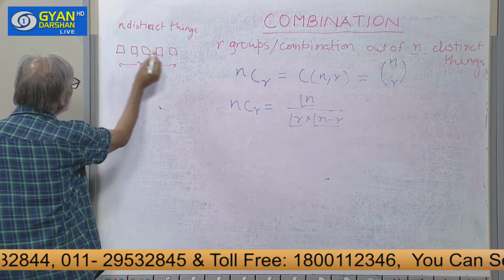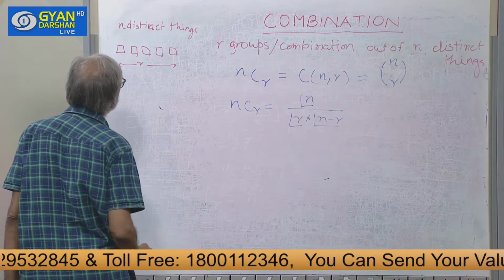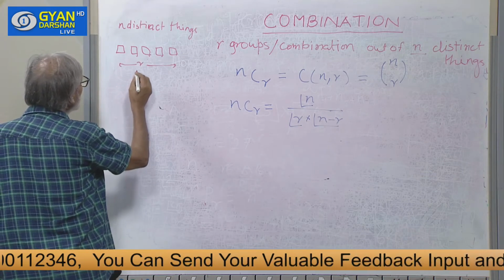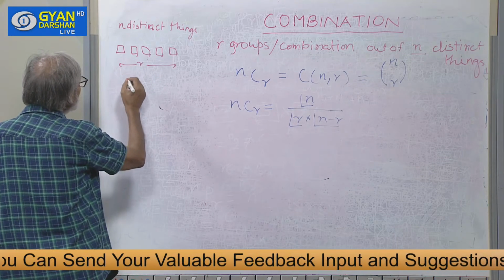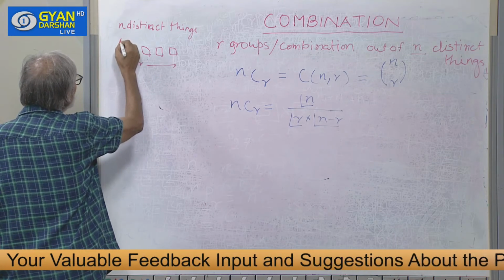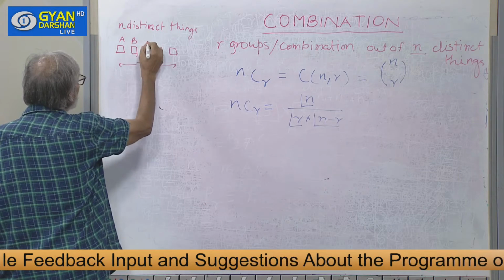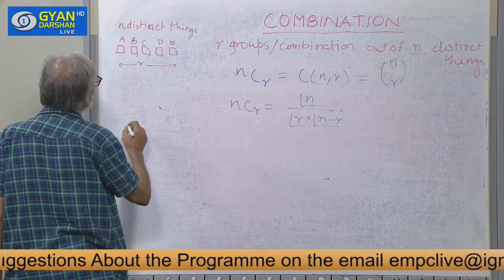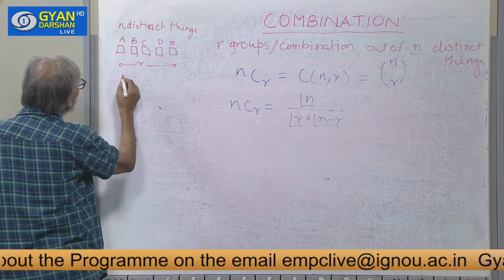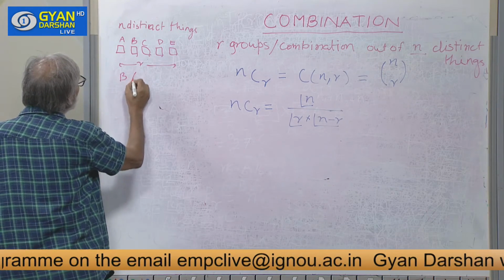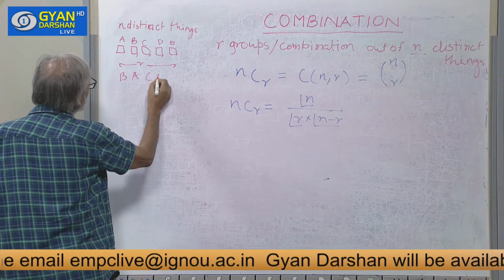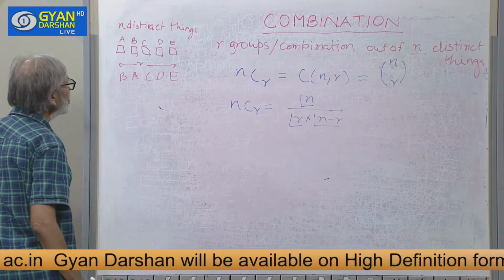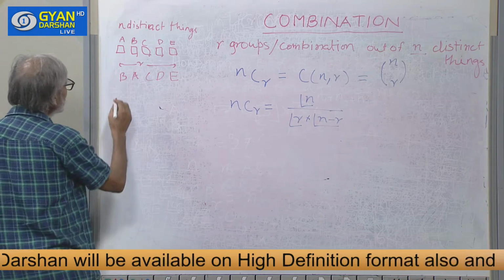If the order is important, say you have to make a letter word out of 26 letters, 5 letters can be A, B, C, D, E, and if I change the order, B, A, C, D, E, it will be a different letter word.